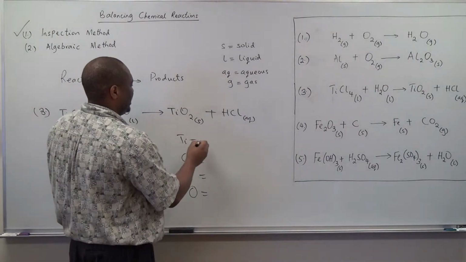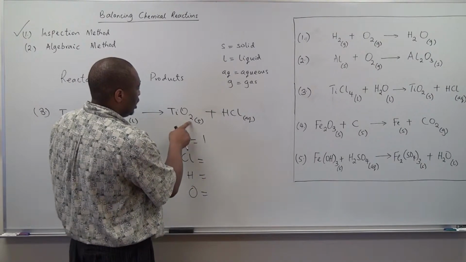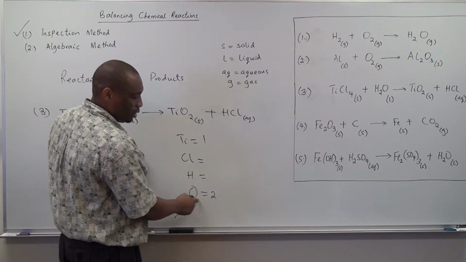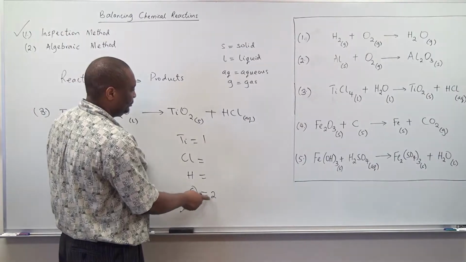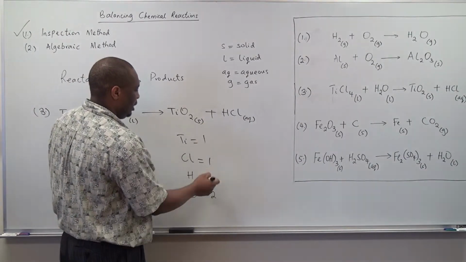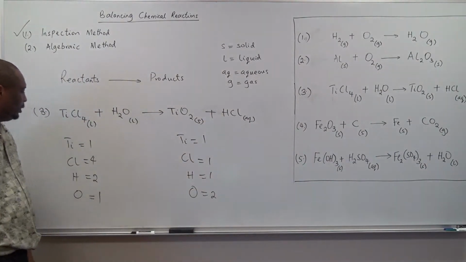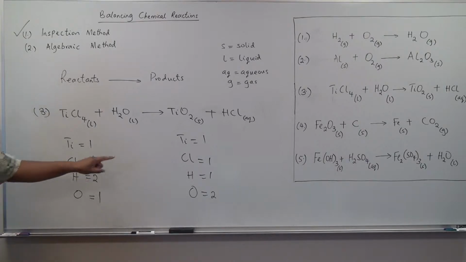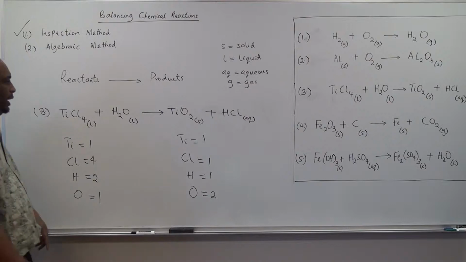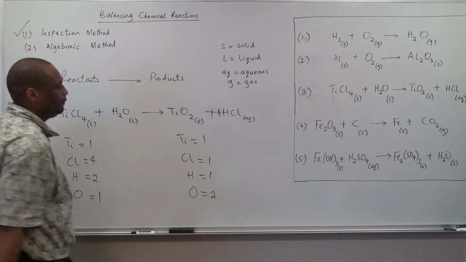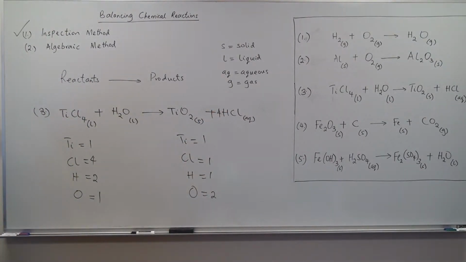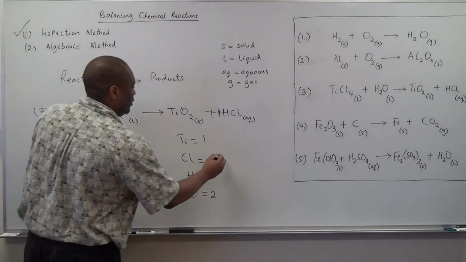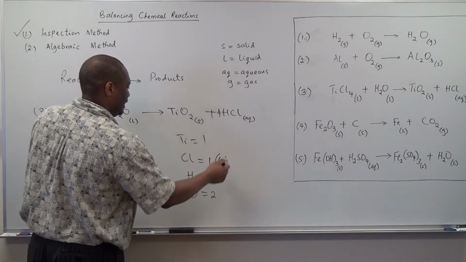For the products, titanium is 1, oxygen is 2, write it under oxygen. Chlorine is 1 and hydrogen is 1. So we have 1, 1, 4, 1, 2, 1, 1, 2. Okay, so we look at 4, 1. We can easily balance that. Let's put 4 here. When we put 4 here, we now find out that our chlorine is 4, but that has also made our hydrogen to be 4.